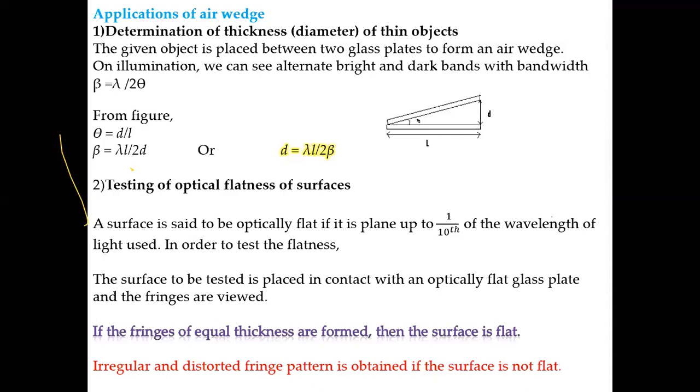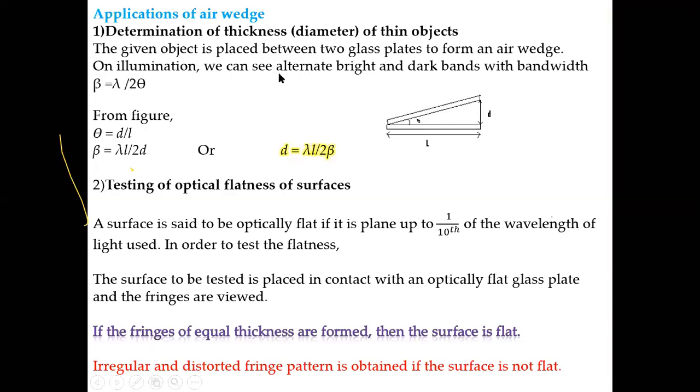Interference at an air wedge is used primarily, number 1, for determination of thickness of thin objects, very thin objects whose thickness lies in the range of micrometers or microns. To find the unknown thickness of such objects we can use this method.